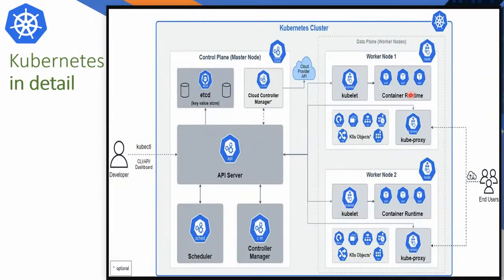Say this pod has gone down. So the kube proxy, with the help of this network utility, will immediately come to know that something has gone wrong with this pod. There is an interaction between the kubelet and the kube proxy.